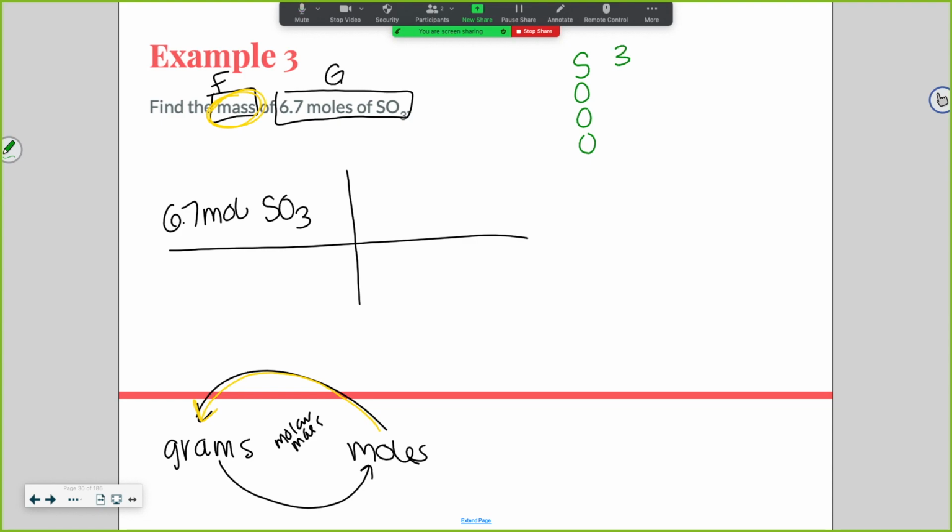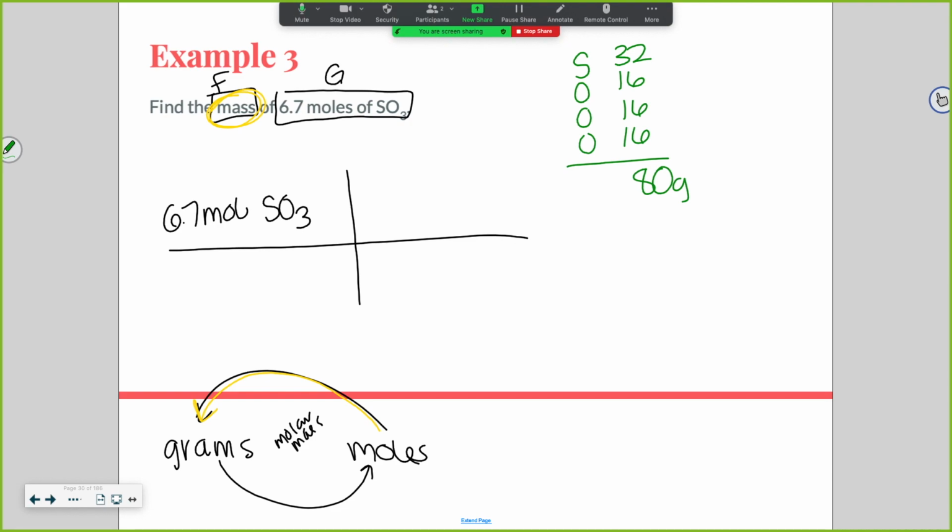And then oxygen is 16 or 15.9, so we're going to round it to 16. So that's 48 plus 32, which gives you 80. Yes, 80 grams. That's how much 1 mole of SO3 would weigh, is 80 grams.